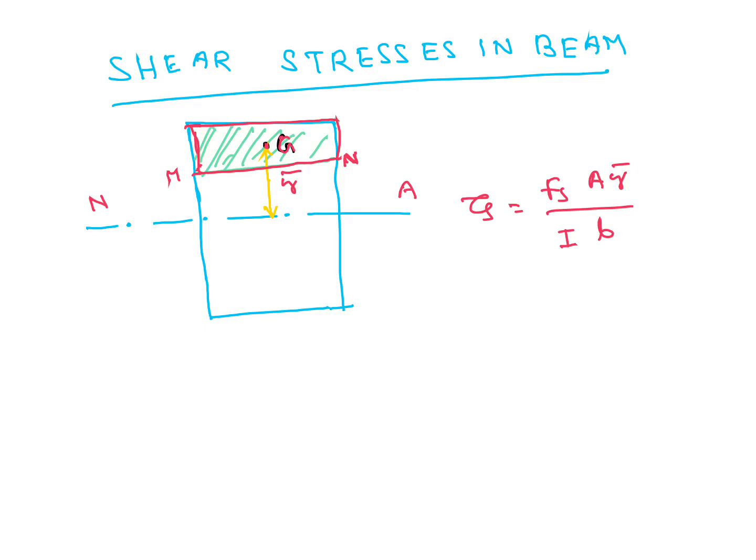And I is the moment of inertia of the entire cross section about the neutral axis. NA is our neutral axis, and B is the width of cross section at the level of MN only. Here width of cross section is B.